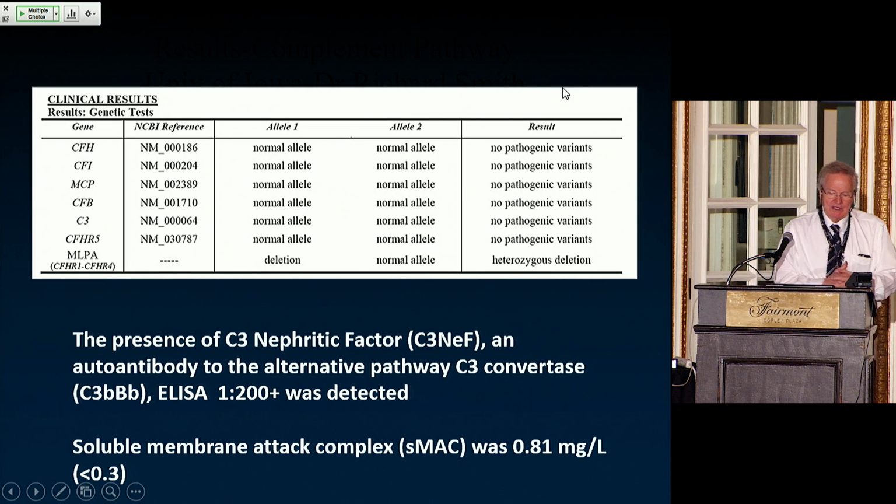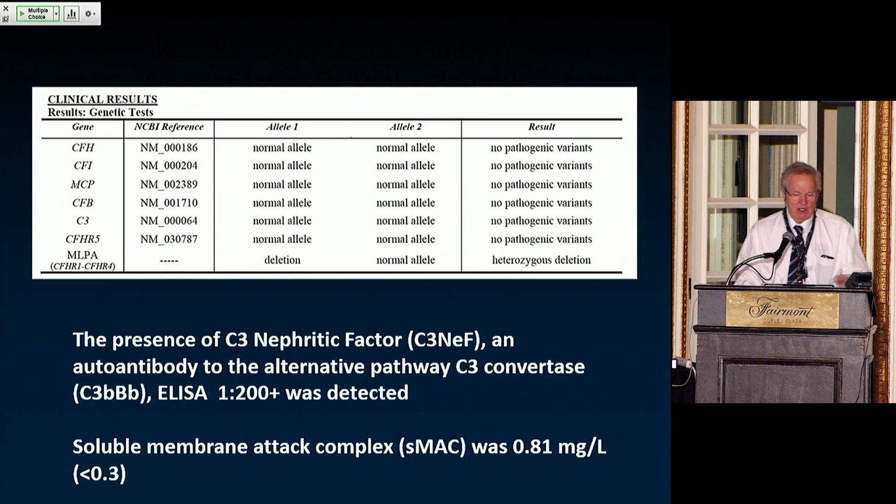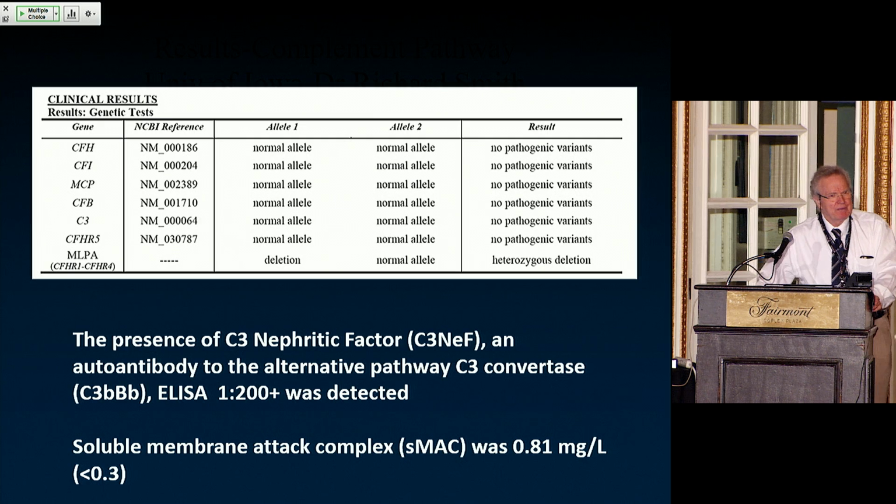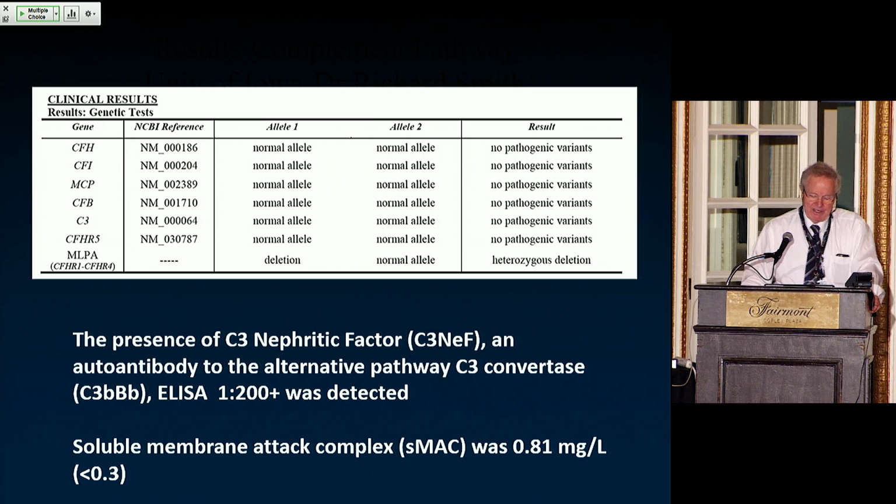So this patient was analyzed for the presence of mutations of proteins of the alternative pathway. And in this case, nothing was found genetically. She had a C3 nephritic factor, which is an autoantibody, of course, against the alternative pathway convertase.